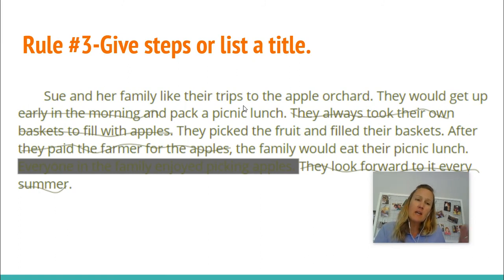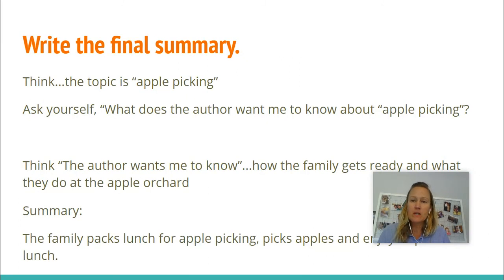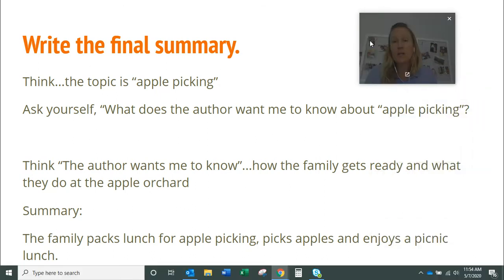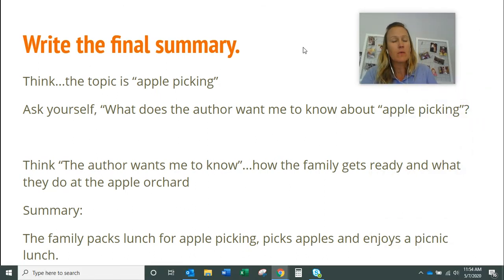So once I've gone through all those rules, I'm ready to write my final summary. And again, I'm writing my own summary because there wasn't a topic sentence that worked. So let's go through the steps again. We thought the topic, apple picking. Asking ourselves, and no one will think you're crazy if you're kind of talking to yourself a little bit, what does the author want me to know about apple picking? Well, it wasn't just that the family liked it.